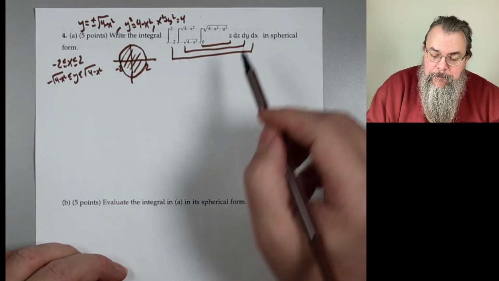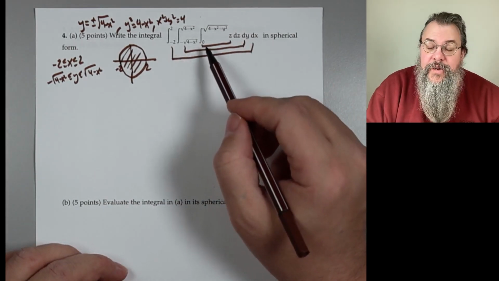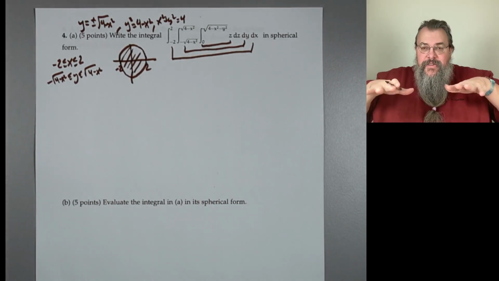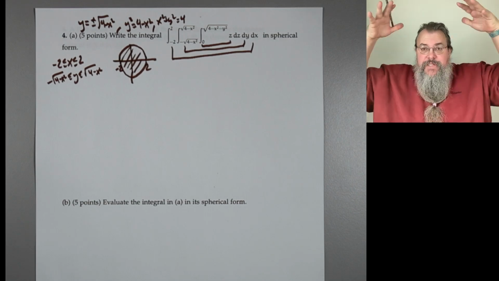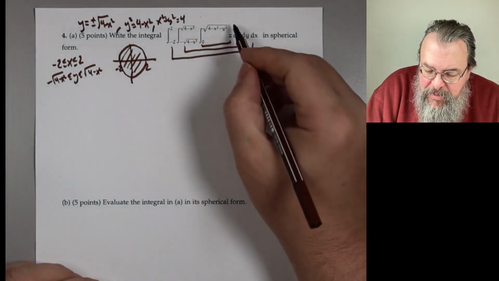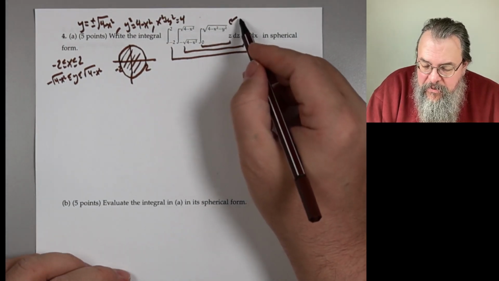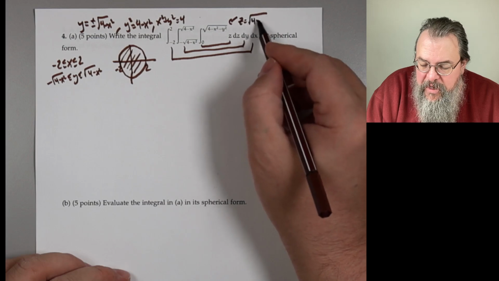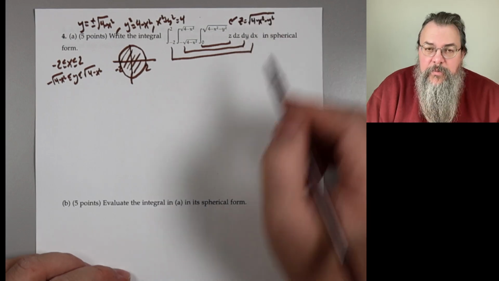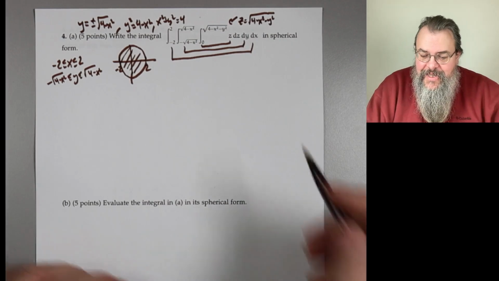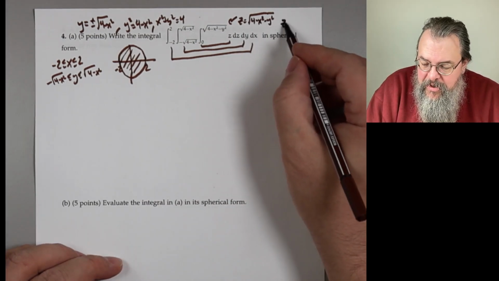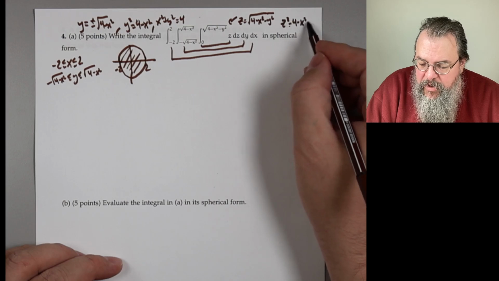All right, now, z equals 0 is the xy plane. So we're going from the xy plane up to something. The last piece of our puzzle: z equals the square root of 4 minus x squared minus y squared. Square both sides, and you get z squared equals 4 minus x squared minus y squared.